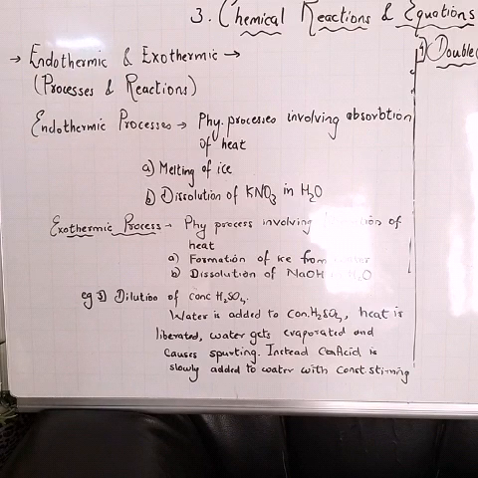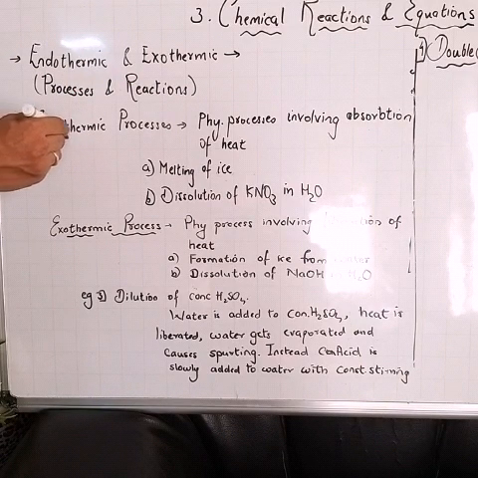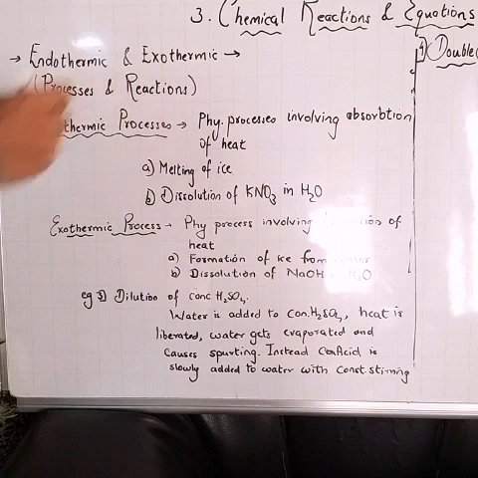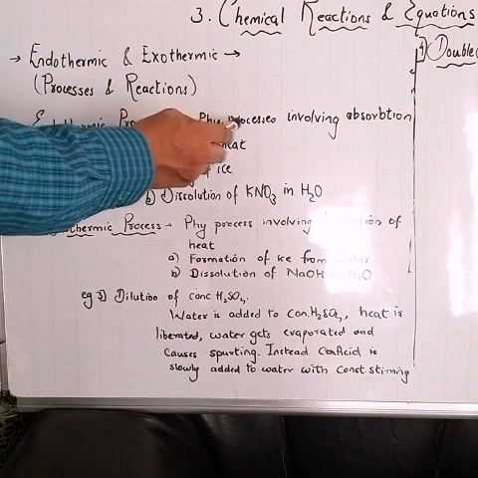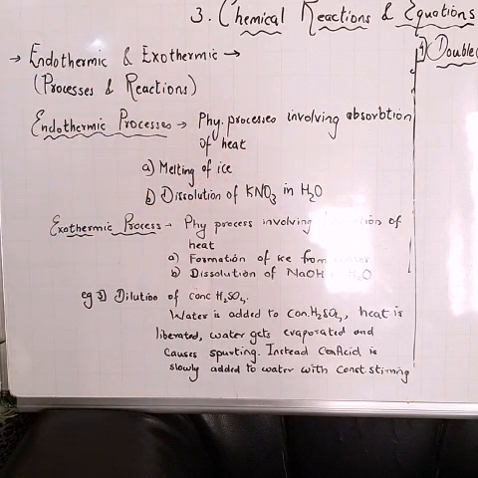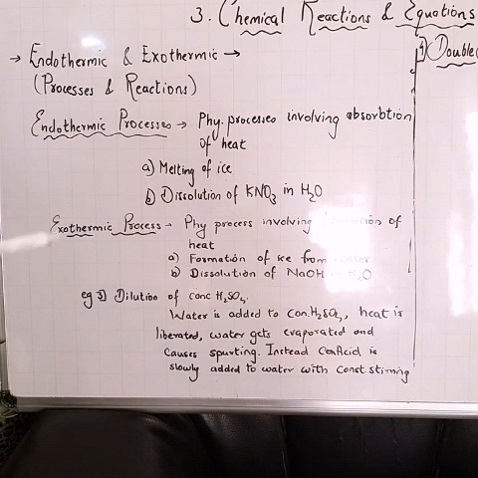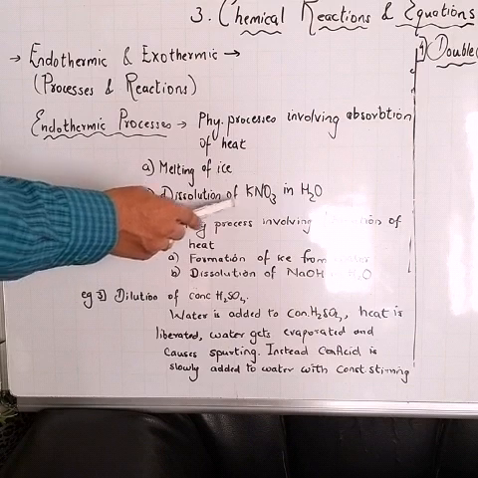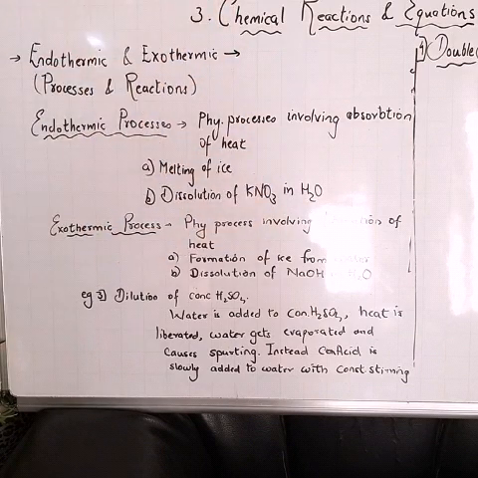First we are talking about endothermic processes. An endothermic process is a physical process involving absorption of heat. Best examples: melting of ice, and dissolution of potassium nitrate in water. These two examples you can remember.